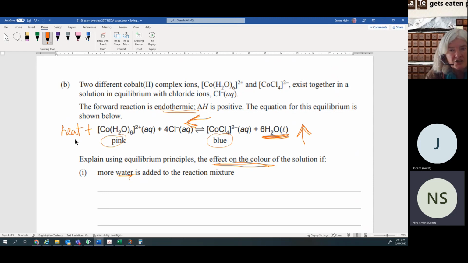So if I'm putting it into ice cold water, I'm decreasing the temperature, which means that the reaction system wants to shift to try and increase the temperature. So for both of these cases, it's going to turn pink, because in the second case, I'm trying to get more heat. In the first case, I'm trying to remove the added H2O.